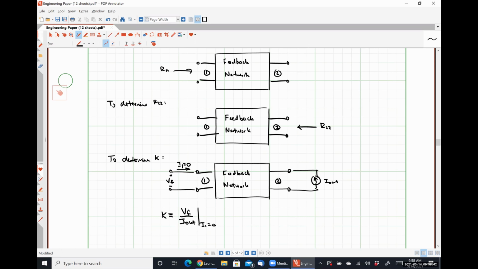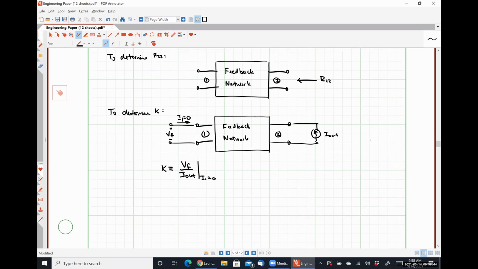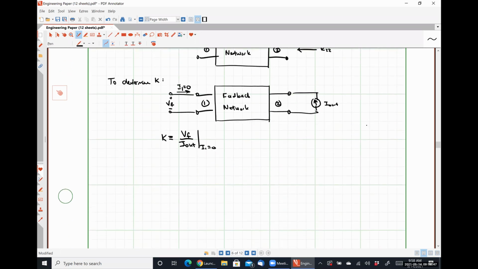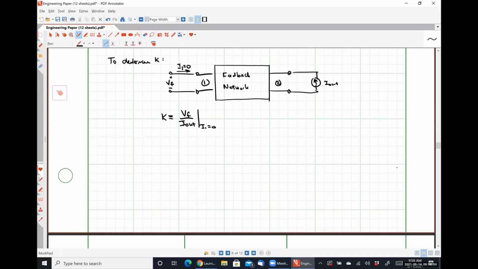So now we have enough information to create our open loop circuit to determine our gain A1. And so that is going to look something like this. Here is our open loop amplifier network. We have RS here. R11 goes here.